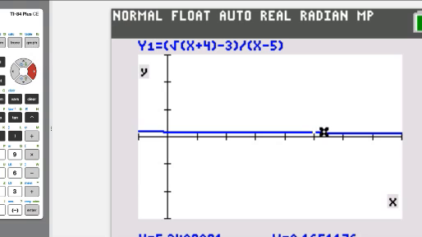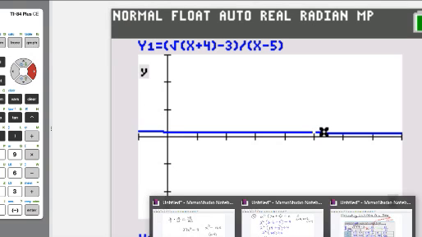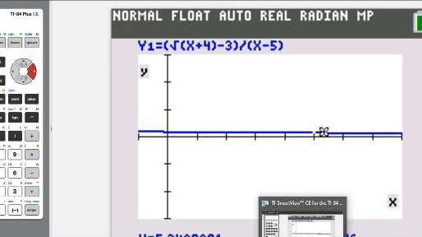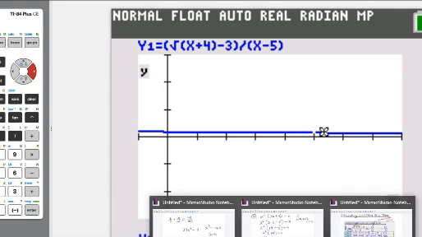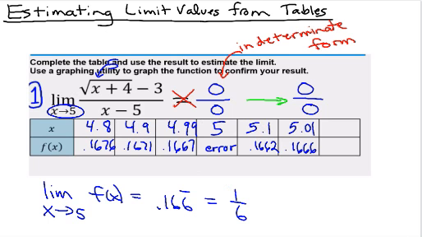All right? Now, what I want to show you is a little trick that is just kind of nice on the graphing calculator.